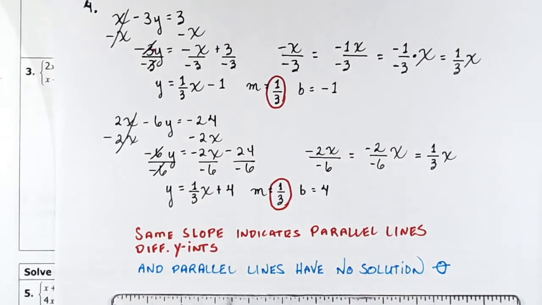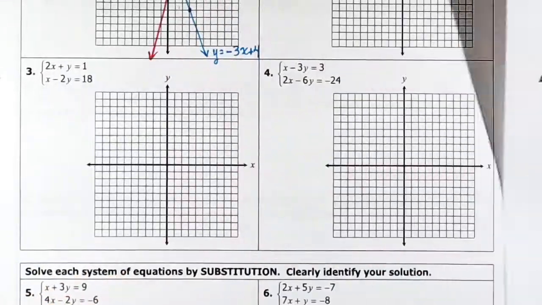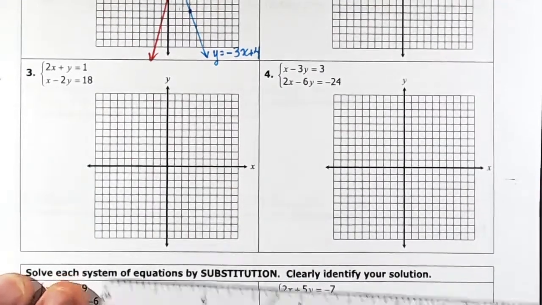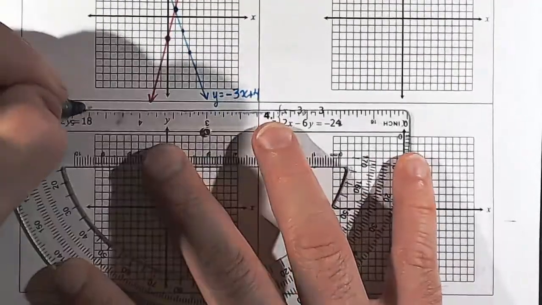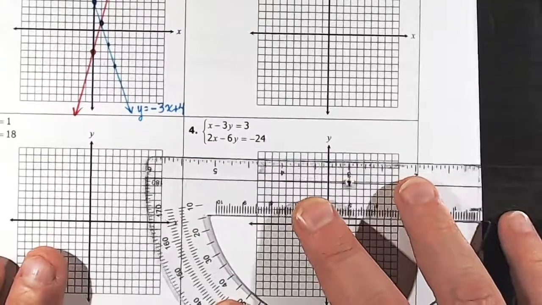But we have to graph it. Like, it's not enough just to know this. Let's see if we're right. Let's go back here and transfer our slope-intercept form equations back to this graph. I'm on number 4. Almost started writing on number 3.